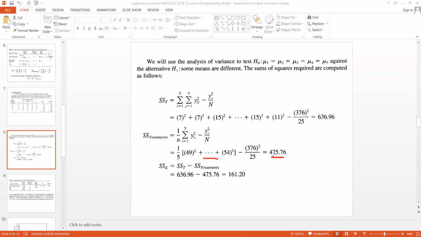Then, like we said, the sum of square error: when we talk about the sum of square error, we are talking about the errors within the treatments themselves.